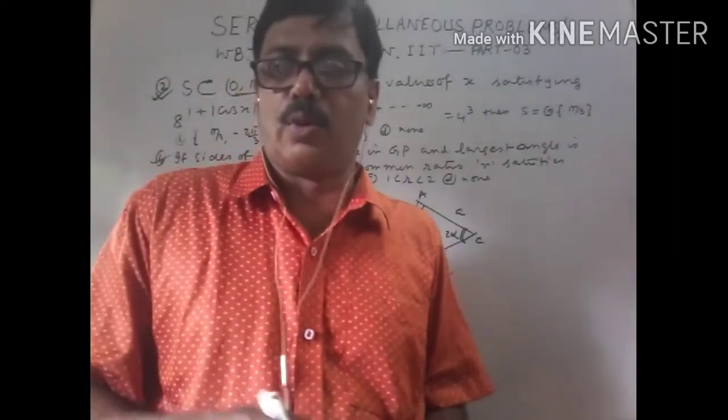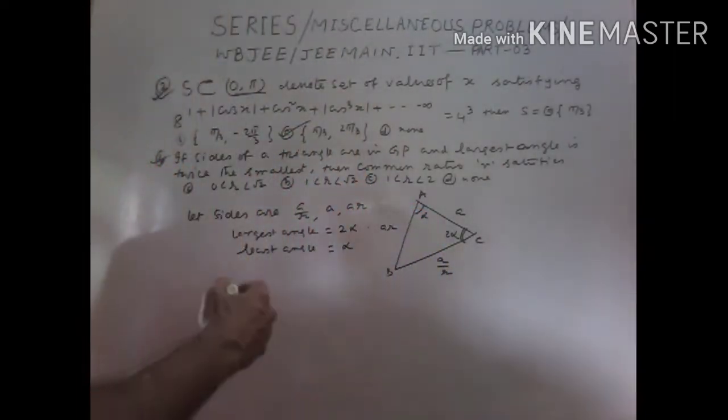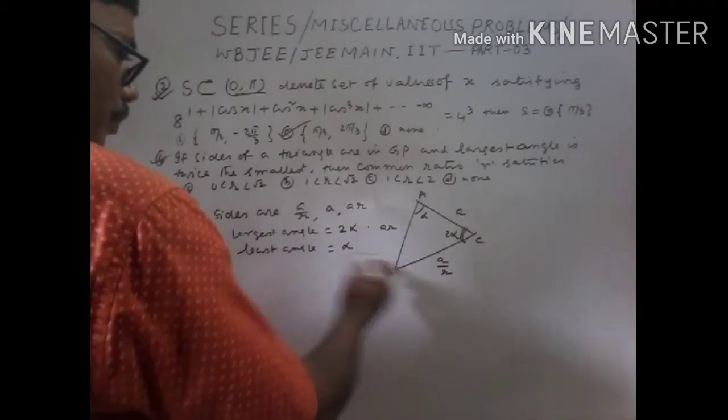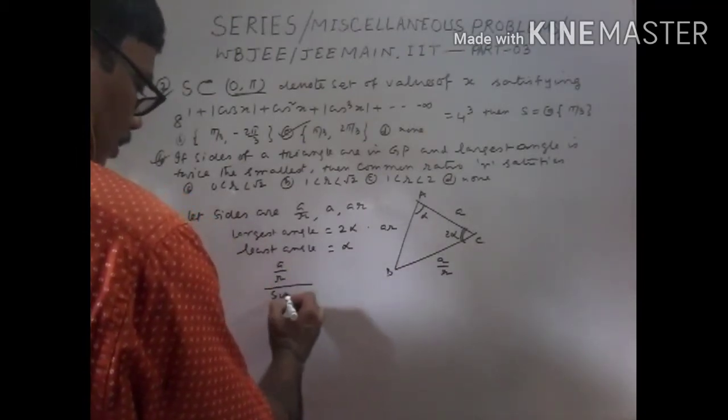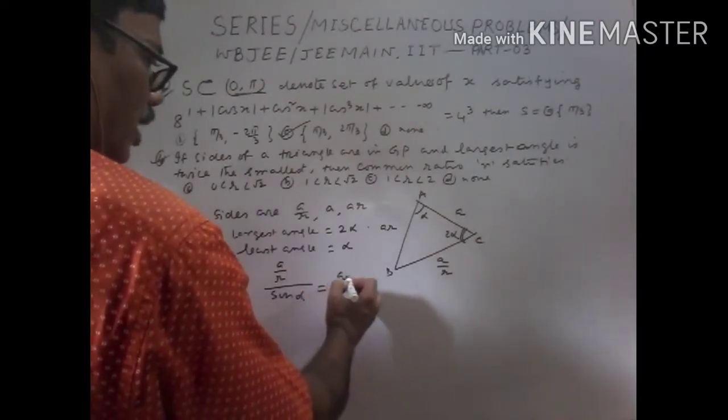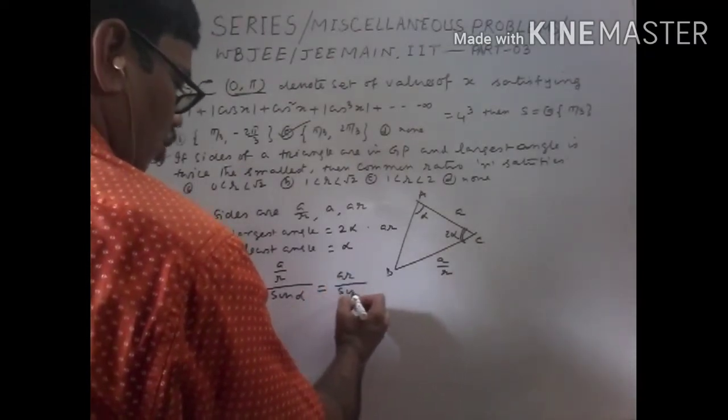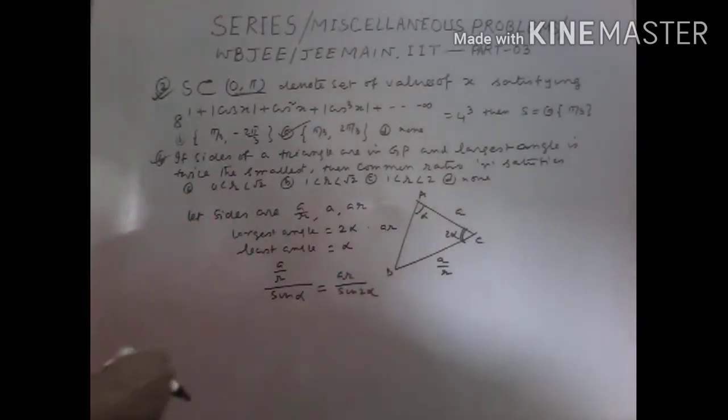Using the sine formula, a by R by sine alpha equals aR by sine 2 alpha.